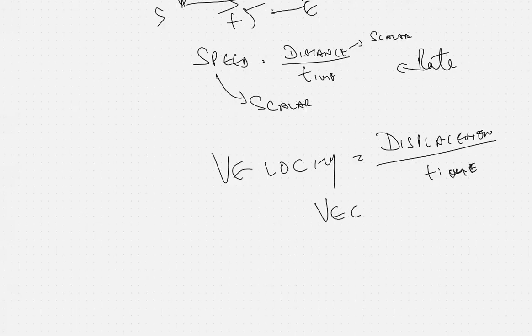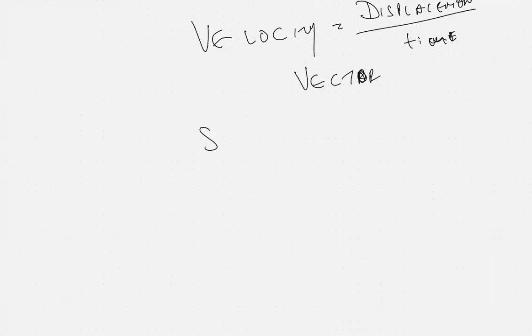If it is speed, just put S here. So this is distance divided by time. Distance would be given in meters, time is in seconds, so it's meters per second. Right? So velocity v, displacement by time, is also meters per second.